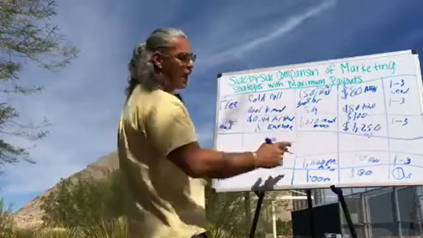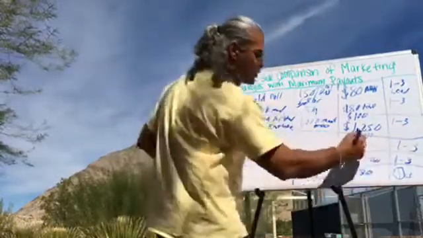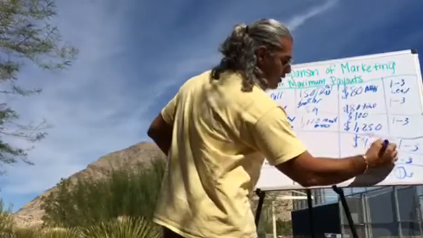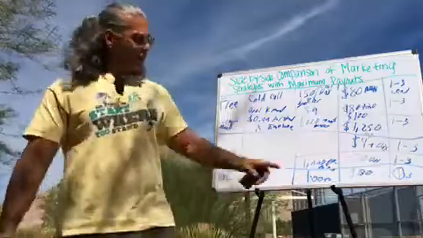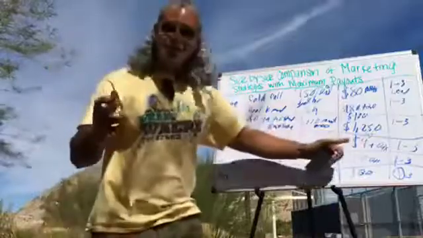Now, I have a way where you can get 1 to 3 leads a day, if not more, for just $4 a day. If I showed you that, would you just jump on it like, hey, let me get that? Because you've got to be insane not to say yes.